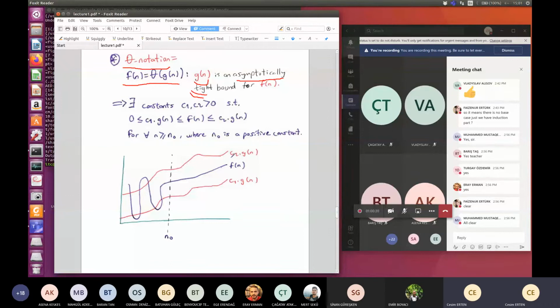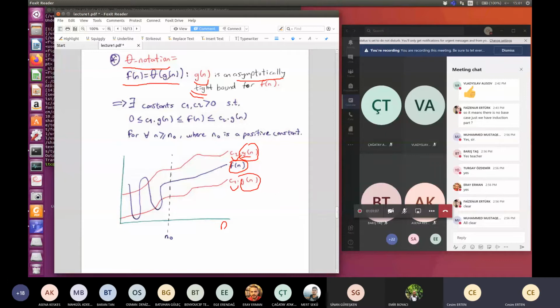Why? Because multiplying g of n with some constant, f of n is lower than that, is smaller than that, while n goes to infinity. This axis is n, and this axis represents the values of the functions. For really, really large values of n, if f of n is in between g of n multiplied by different constants, then we call f of n theta of g of n.